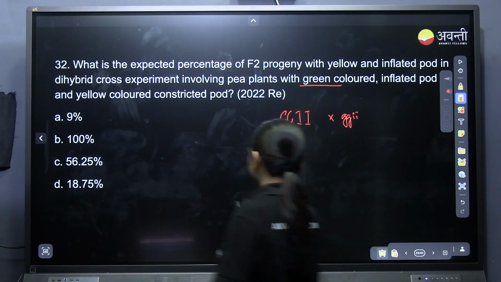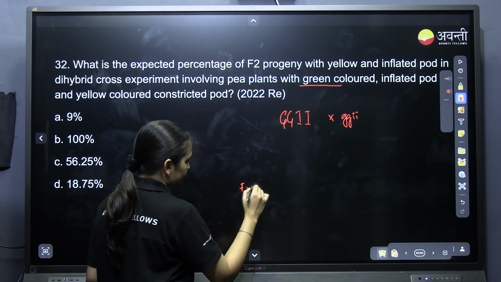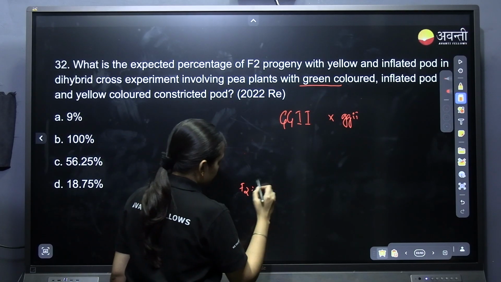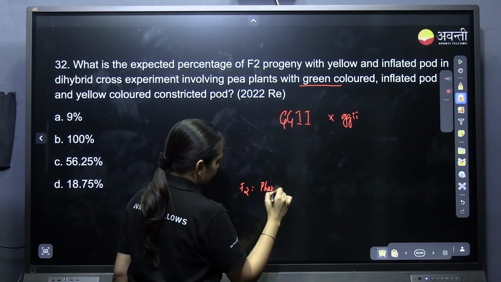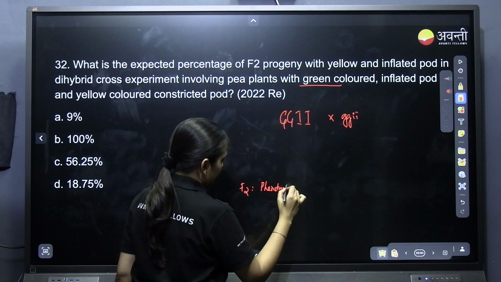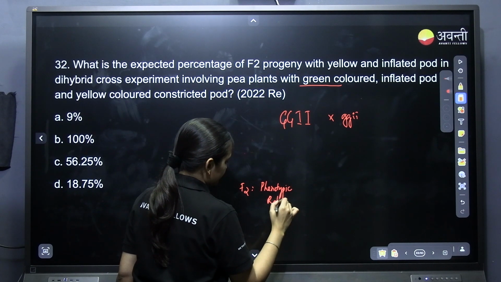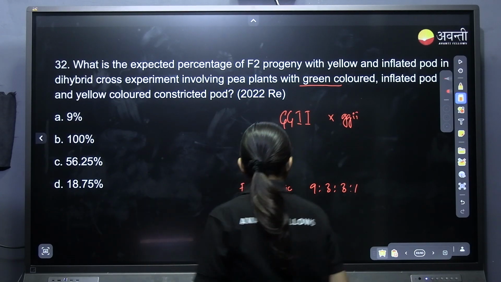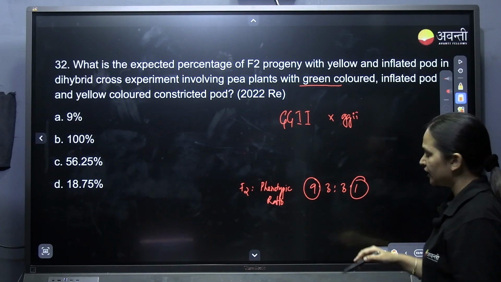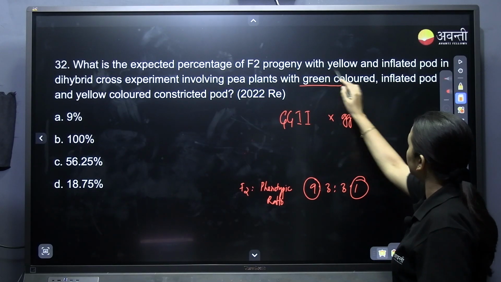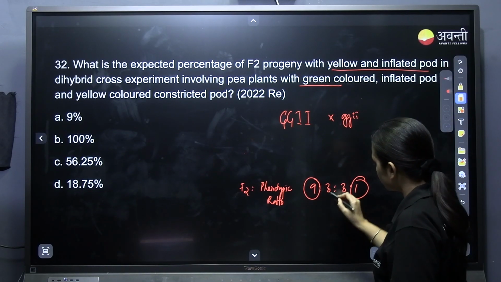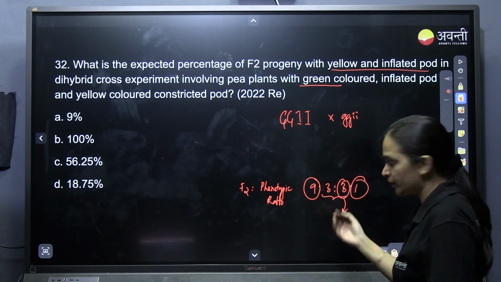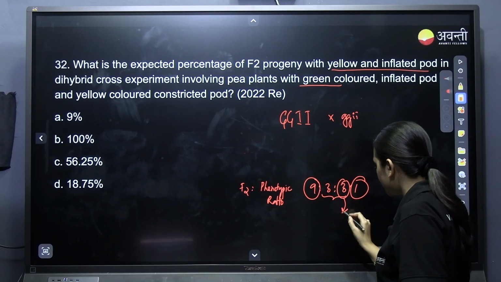If we see the F2 progeny, the phenotypic ratio is 9:3:3:1. In this, 9 and 1 are the parental combination. We need yellow and inflated. In these three and three, any 3 you can take, which means it is a recombinant one, not the parental variety, a different one.